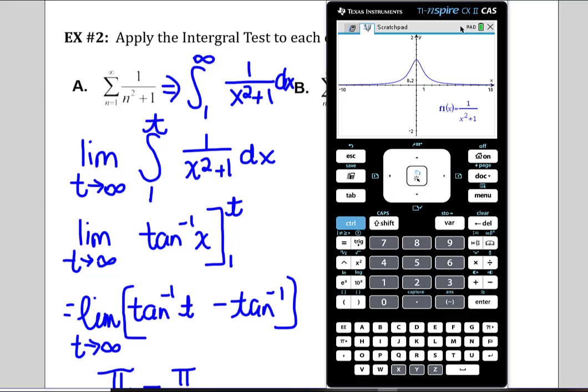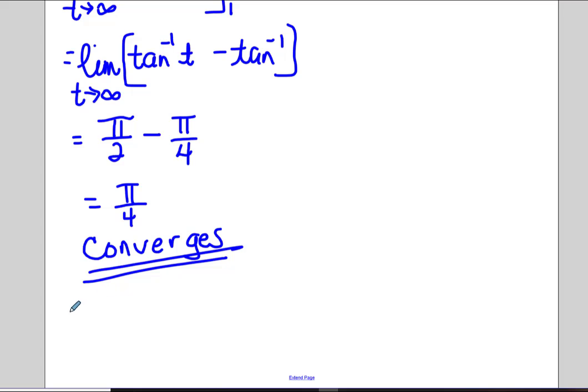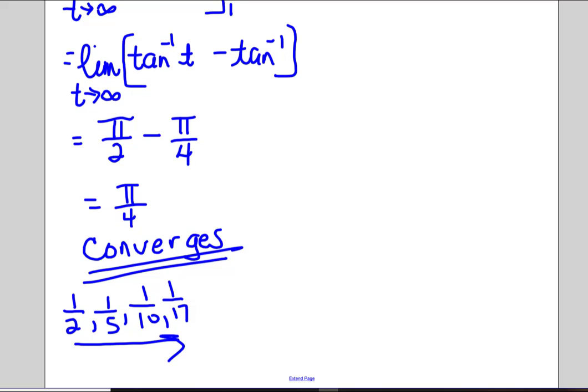Another way you could do that without the use of a calculator is you could let n be 1, and then n be 2, and n be 3, and so forth. If we applied that approach, you would see that the values are 1/2, and then 1/5, and then 1/10, and 1/17, and they are definitely decreasing along our interval. So I should reinforce that I need to check those.